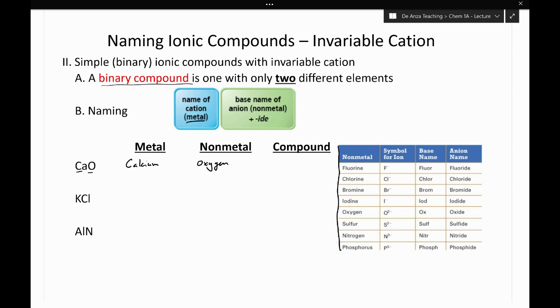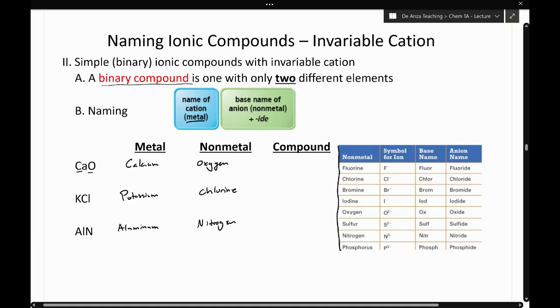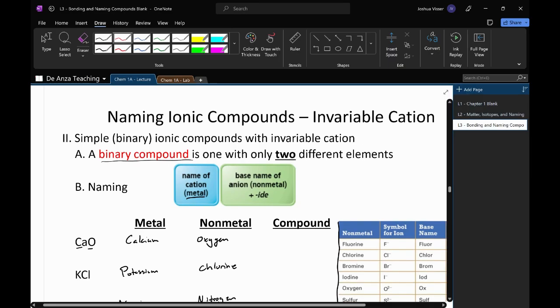KCl is potassium, and your nonmetal is chlorine. And finally, AlN: Al is aluminum, and N is nitrogen.